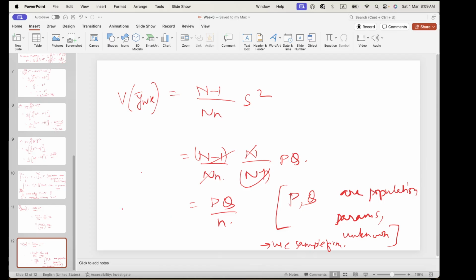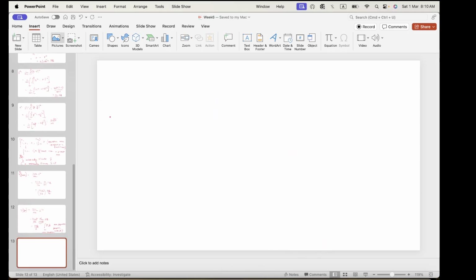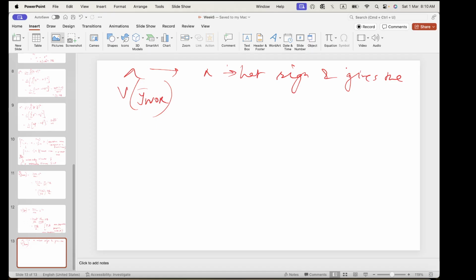If we say that we want the variance of y bar WOR, but we want the estimated variance, the hat sign indicates that we are calculating an estimate.